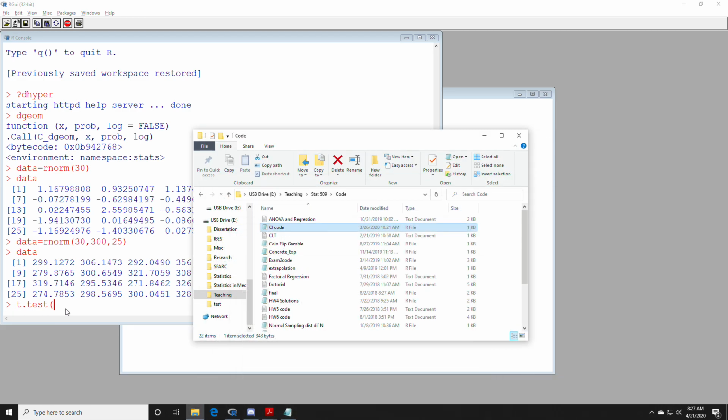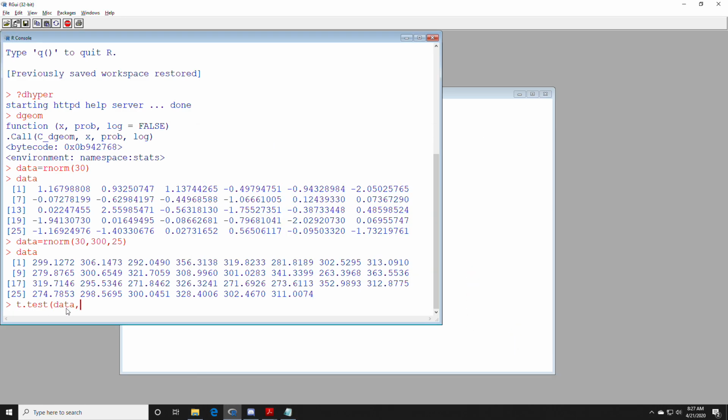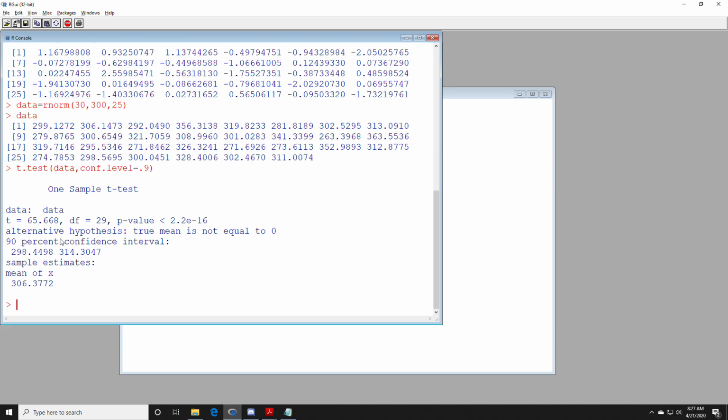So t.test, put my data set, which is simply called data. Remember, this is whatever you call your data set; if you have a special name for it, you just have to put it there. conf.level is equal to 0.90, since we wanted a 90% confidence interval. One sample t-test, 90% confidence interval, bam.